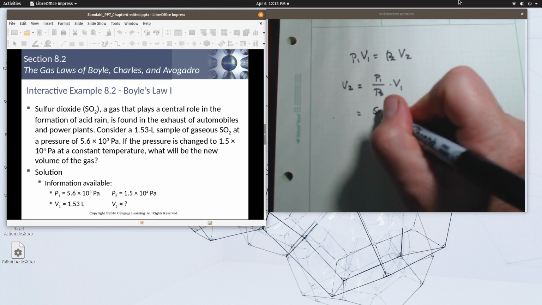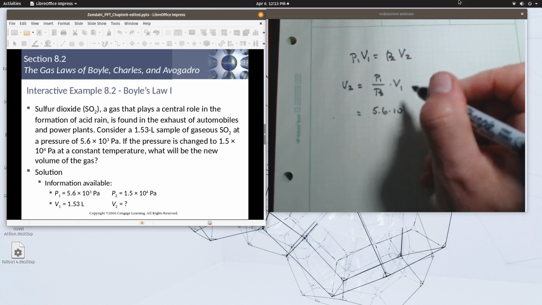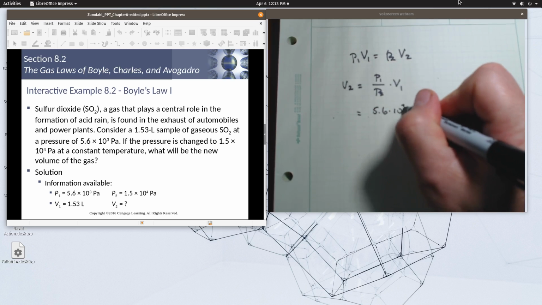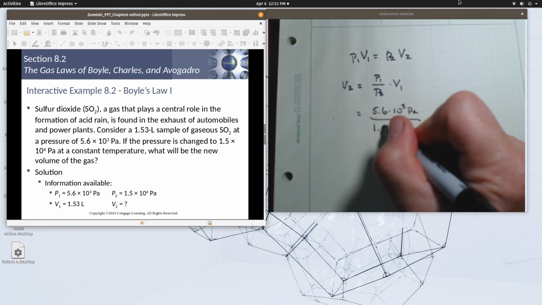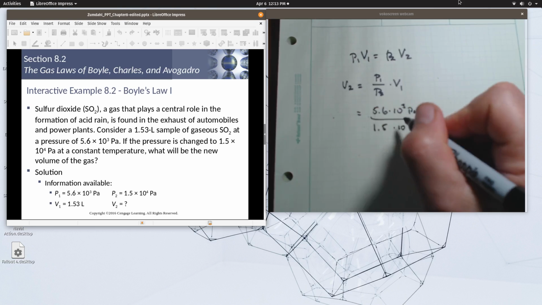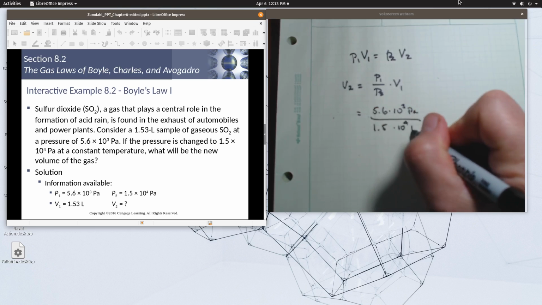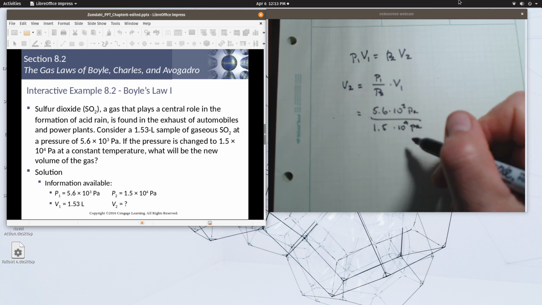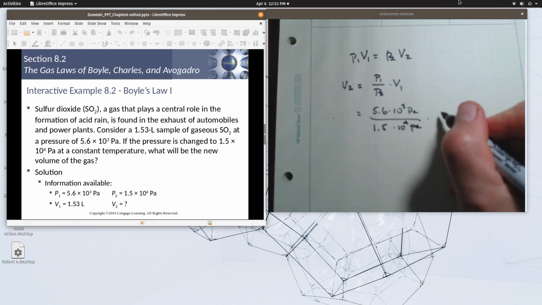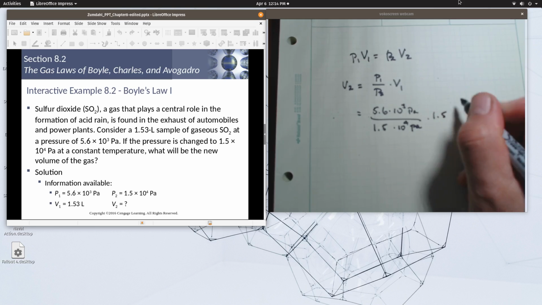5.6 times 10 to the 3 pascals divided by 1.5 times 10 to the 4th pascals. So I've increased the pressure, and the initial volume was 1.53 liters.